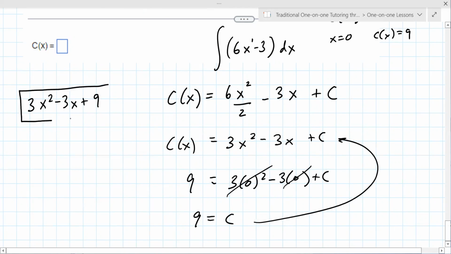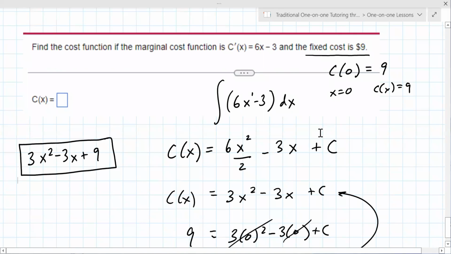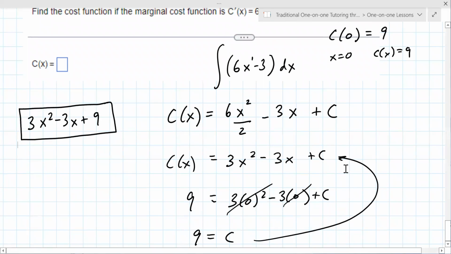9. So the idea again is you take the antiderivative, which we did. We've always been having this C and we haven't really talked about it, but you can find C sometimes if they give you information. So we found the value of C and we plugged it back in to write our cost function.